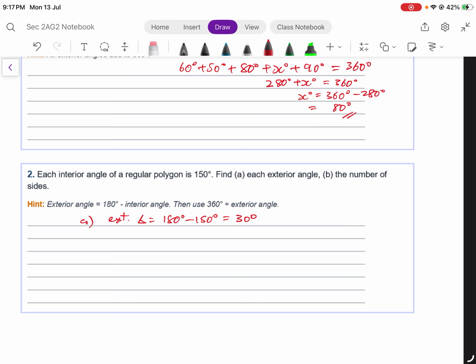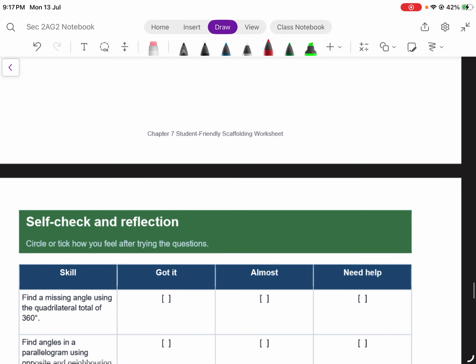For the number of sides, since we know the exterior angle, the number of sides will be 360 degrees divided by 30. So you will get 12 sides. Relatively easy, right?